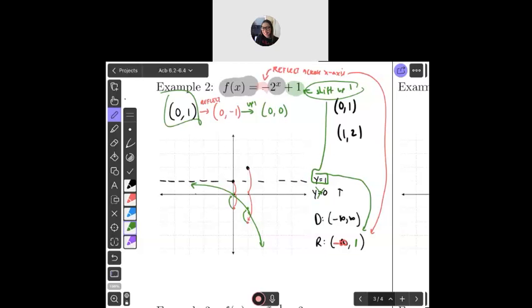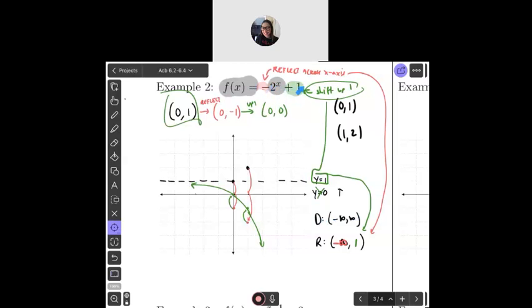Things that are a little bit harder is if I just give you the function and say, hey, what's the range of this? That's a much more abstract idea. So what do I pay attention to if I give you a function and ask for the domain or the range without giving you a graph? Well, if it's exponential, the domain will always be all real numbers.